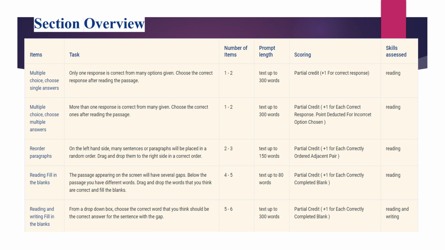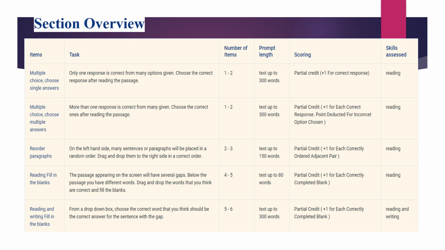Next, reading and writing fill in the blanks. From a drop down box, choose the correct word. This is a bit easy and a bit tricky as well, as you need to think about what should be the correct answer for the sentence with the gap. For each blank, on the right side there is a drop down menu where you need to click and select the appropriate answer.